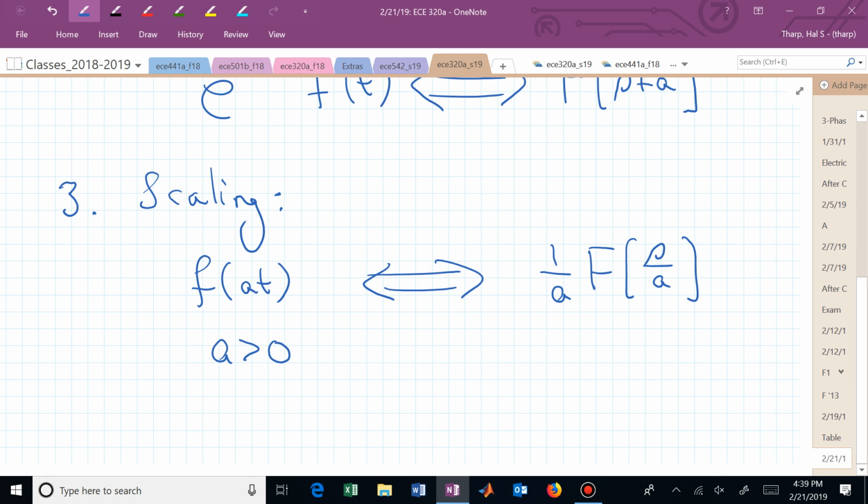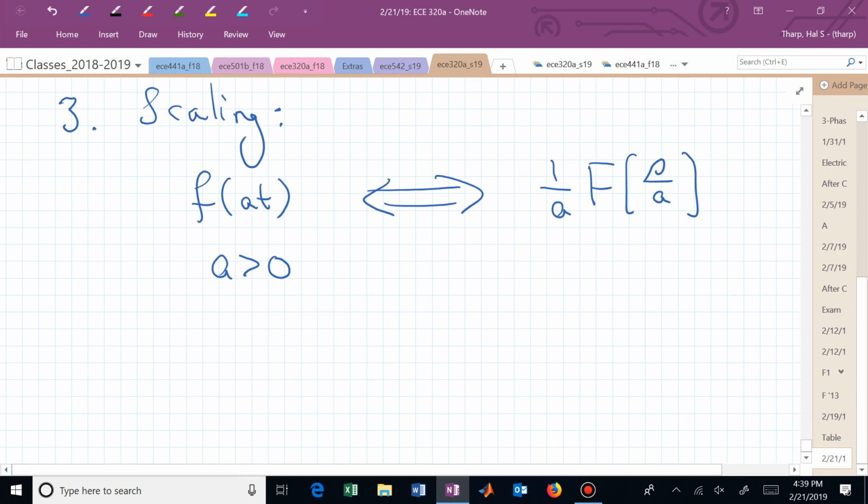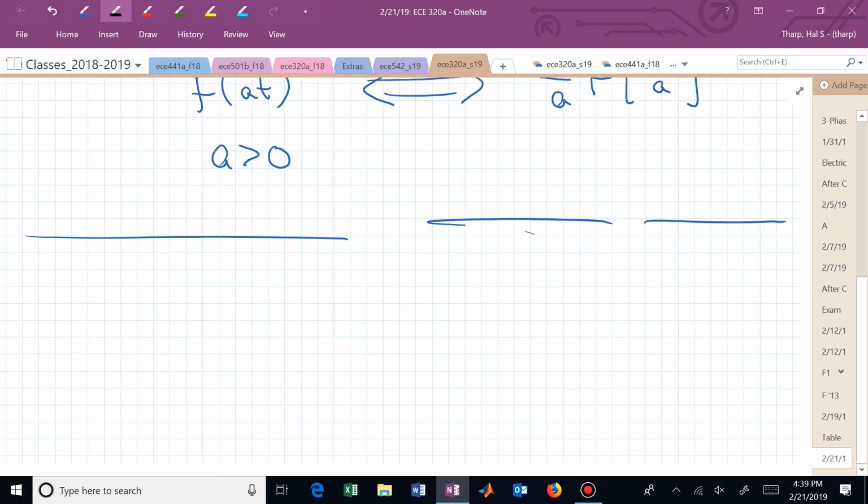And you can see that time and frequency are reciprocally related, correct? And that's what a is doing. It comes in the reciprocal location in the time domain versus the frequency domain in our scaling of the frequency axis. Let's now look at some examples of applying that.